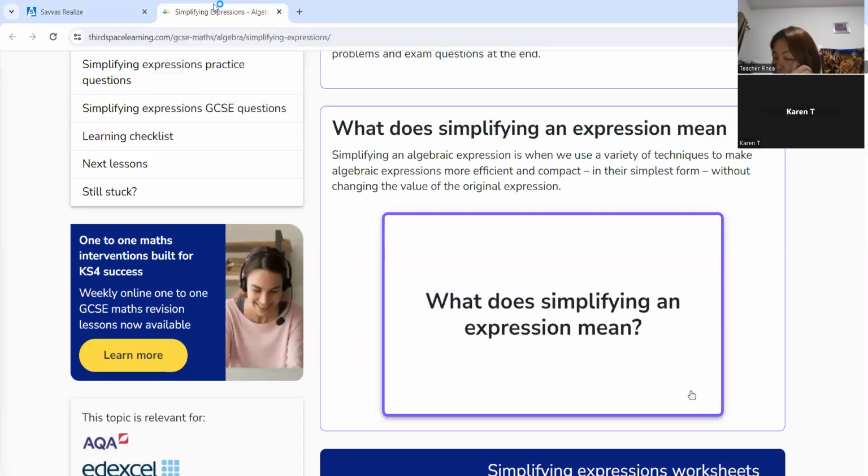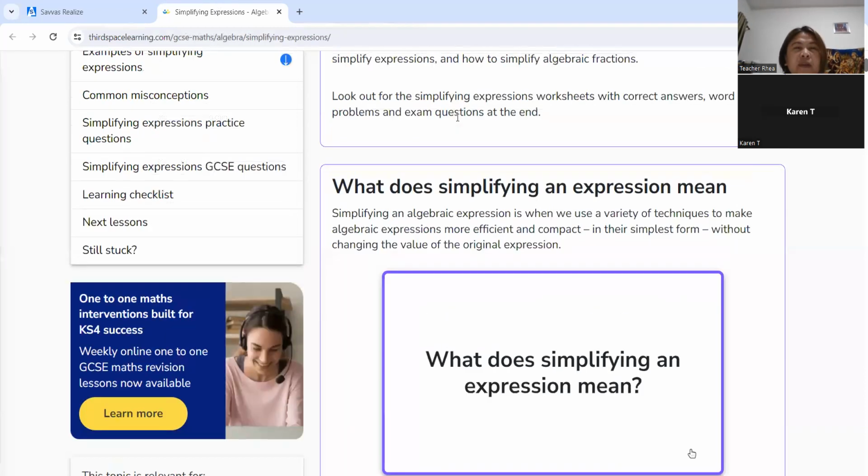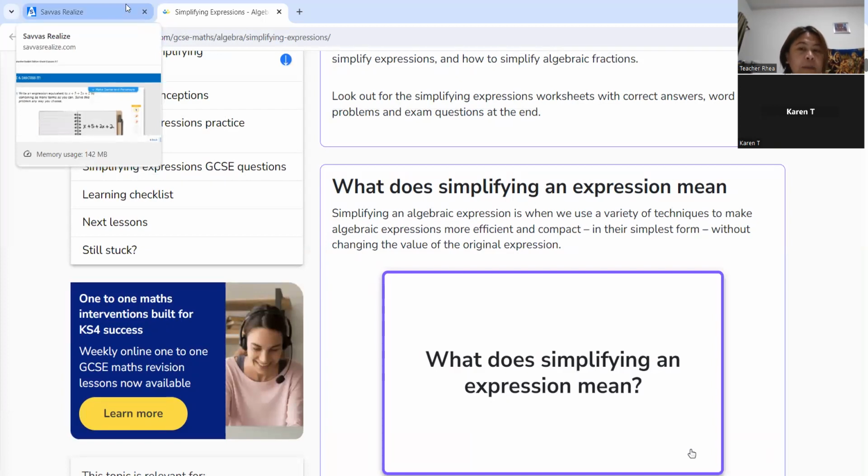Before we start, let us first define what simplifying an expression means. So what does it mean? Simplifying an algebraic expression is when we use a variety of techniques to make algebraic expressions more simple, more efficient, and compact.